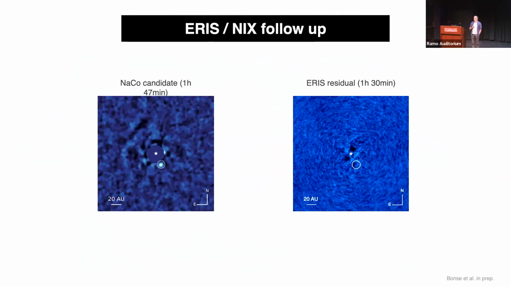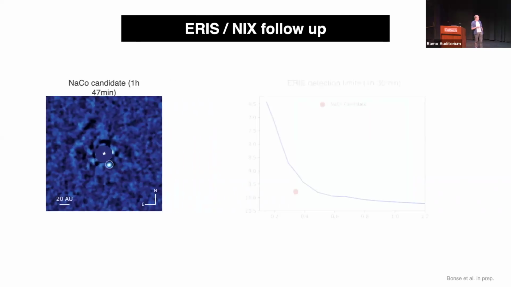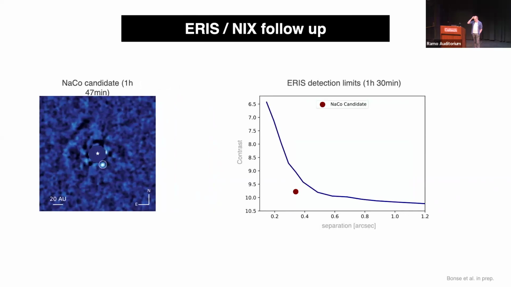So first of all, there's 10 years between the epochs. So it's well possible that the companion moves behind or in front of the star and we miss it. But how good are actually the ERIS limits? So I computed the contrast curves for this, and the ERIS limits are not deep enough to reach the NaCo limits from more than 10 years ago. Why is that?